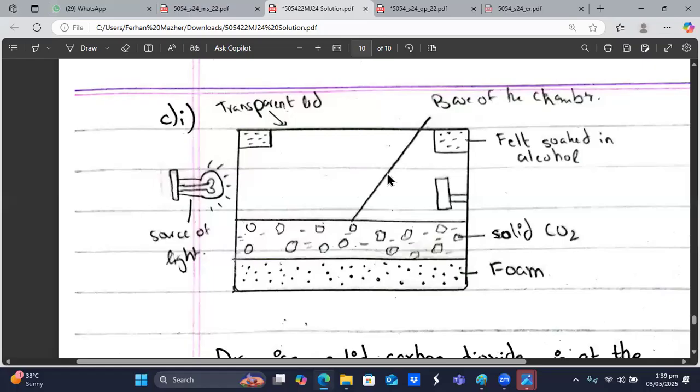So basically, when you look from the top, switch off the lights of your laboratory, then just wait and look inside from the top. You will see that sparks are being produced. If those sparks are long, straight, thick lines, that means alpha particles are being emitted.